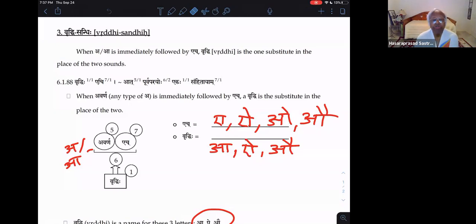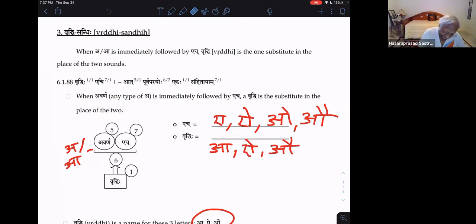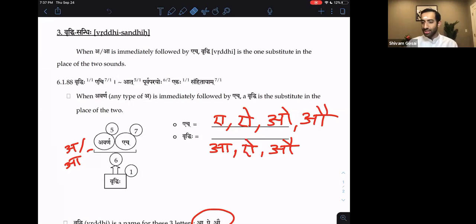Okay. So let's look at vrddhi-sandhiḥ. This is page 49. On page 49, we see vrddhi-sandhiḥ in our book. Again, it's an ach-sandhi. Ach-sandhi is when you have a vowel meeting a vowel.